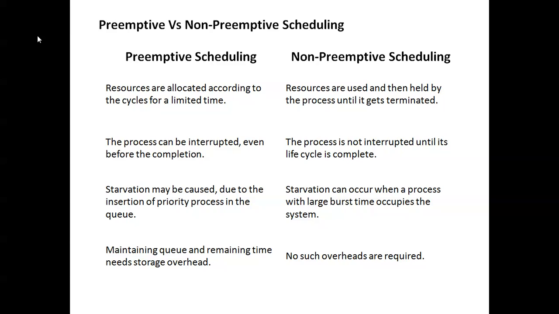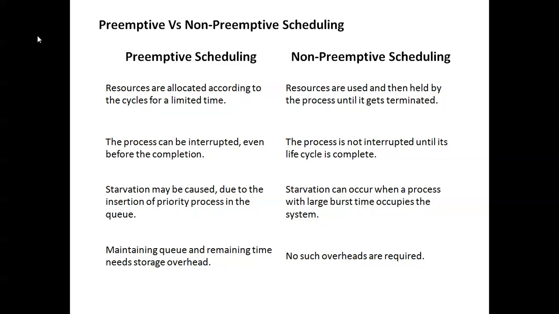What's the difference between non-preemptive and preemptive scheduling? In preemptive scheduling, resources are allocated for a limited time, whereas in non-preemptive scheduling the resources are held by the process until it gets terminated. Preemptive scheduling can be interrupted even before completion, and in non-preemptive scheduling the process is not interrupted until its life cycle is complete.